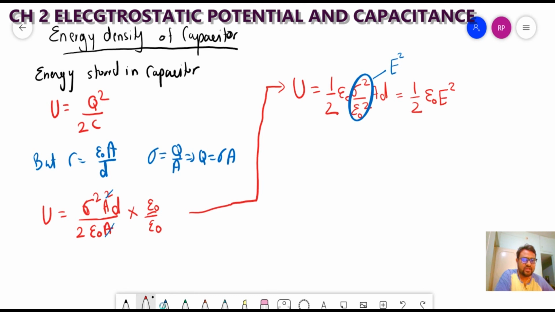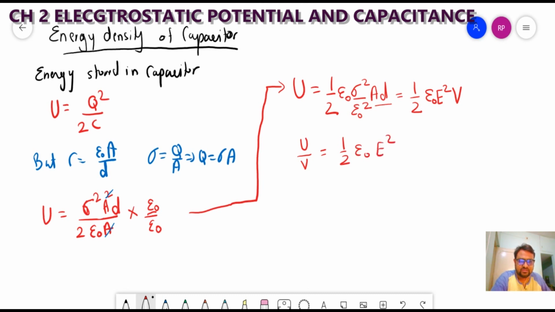Now, area into d will be equal to volume. So U by V will be equal to half epsilon 0 E square.